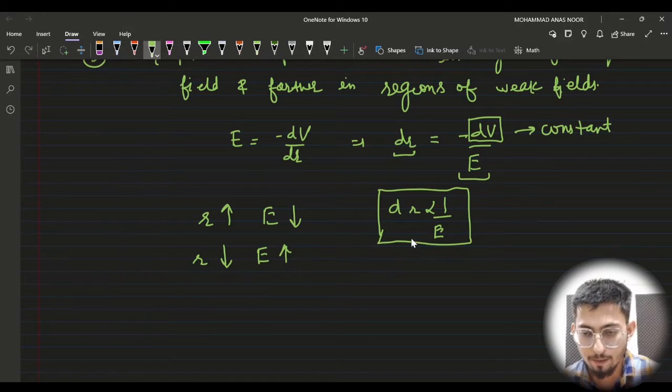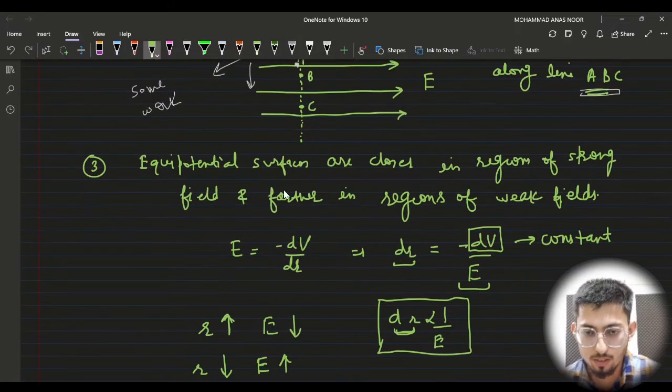That means if you increase the distance between two points, the electric field would be less, and if you decrease the distance between the two points on the equipotential surface, the electric field will be high. That's what they say, that equipotential surfaces are closer in region of a strong field.